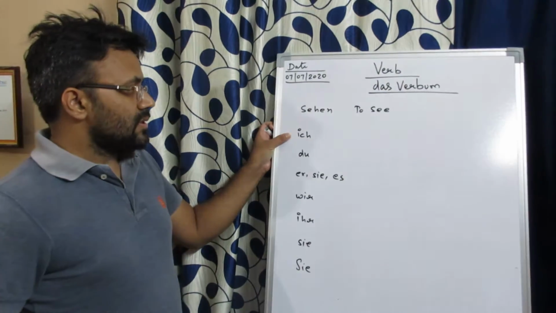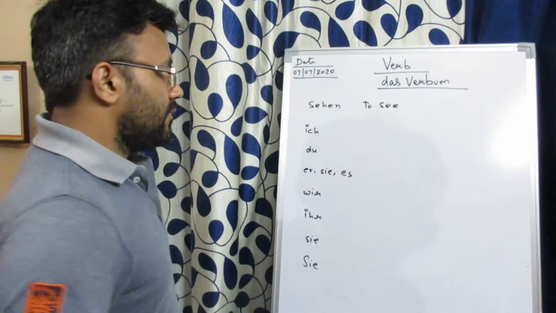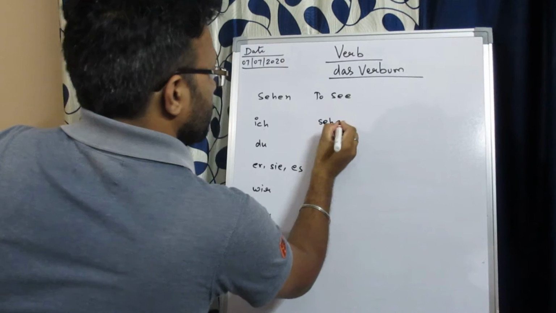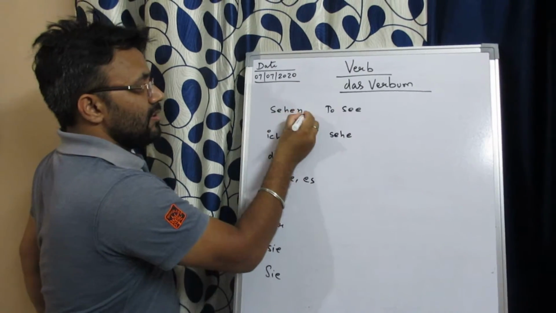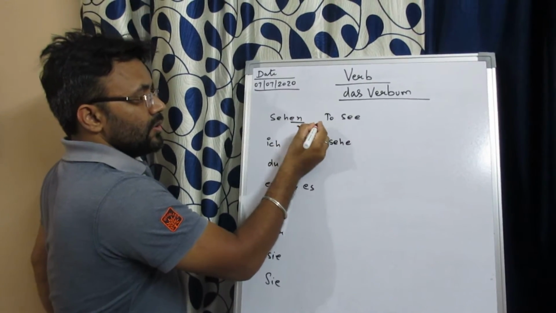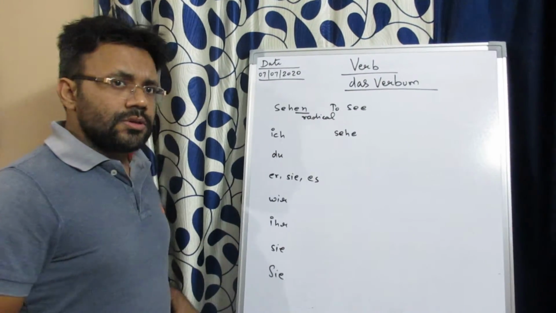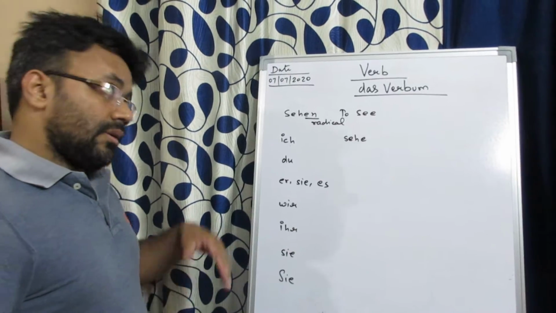Whenever we start with ich, it will deliver sehe. The ending en is the radical that is going to be changed most of the time. There are certain exceptions also, which we will discuss case by case.